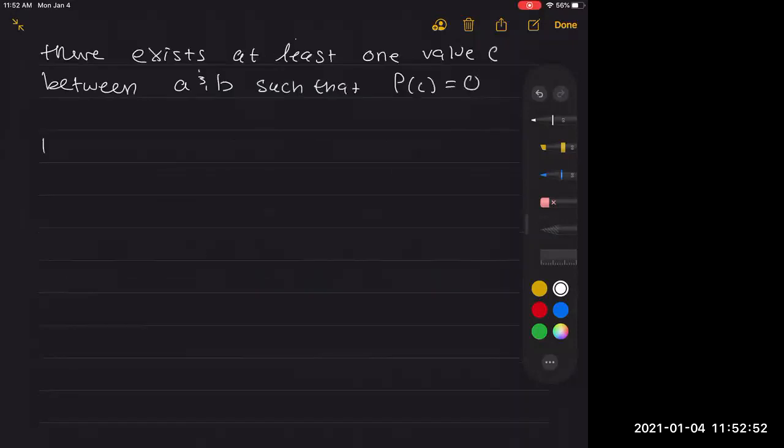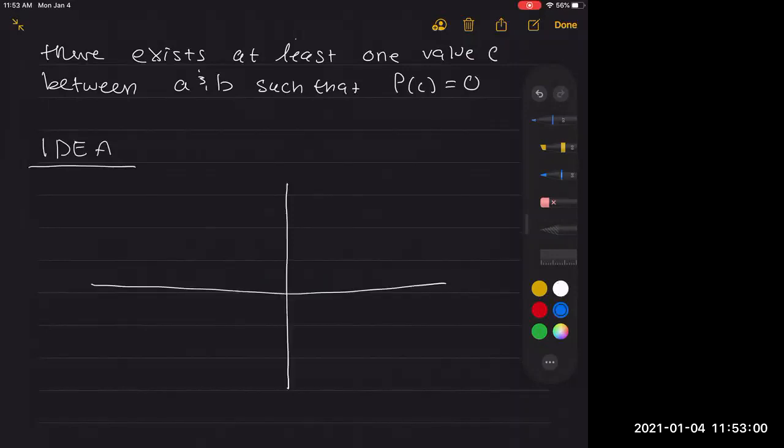So the idea behind this is that if we have a graph and we have A, and we have B. I'm going to say that P of A is negative, and P of B is positive, and they're part of a polynomial. That means, I'm going to make the graph red, that at least one, in this case I drew 2, there exists zeros between.